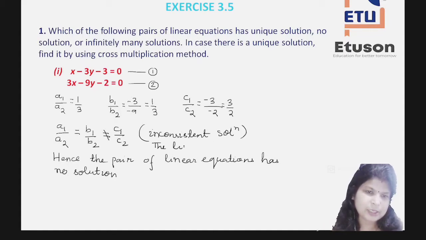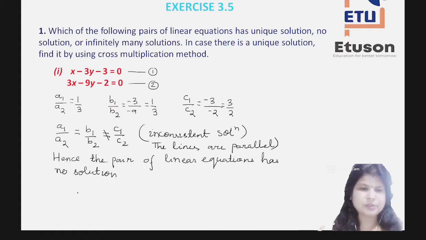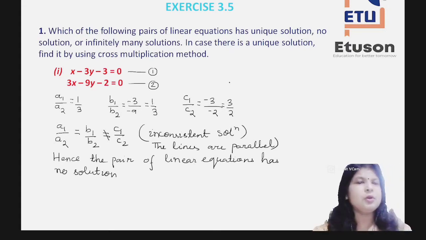Correct or not? The lines are parallel. Correct. So you won't be getting any solution. Because you are not getting any solution, you need not find out the solution to this problem, as it is given that only if you find that it has a unique solution, then only you should solve by the cross multiplication method. So you need not go further.